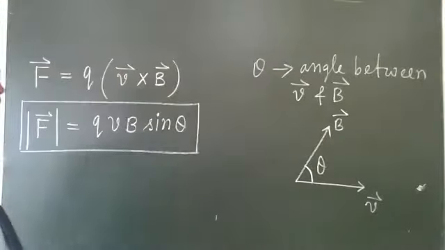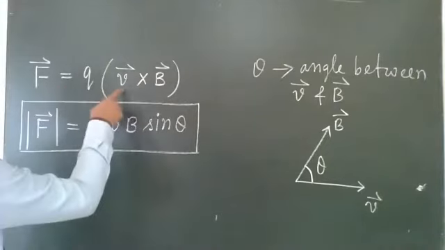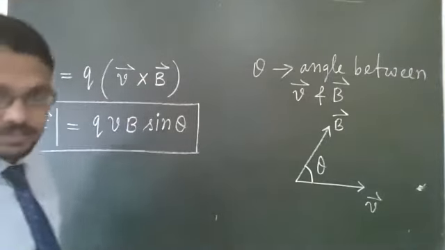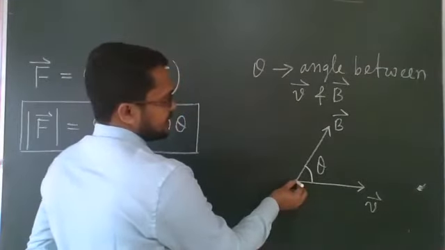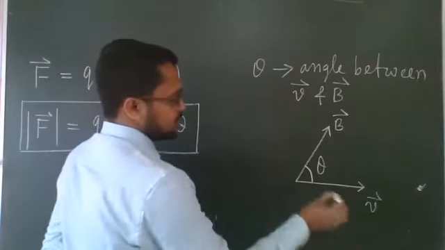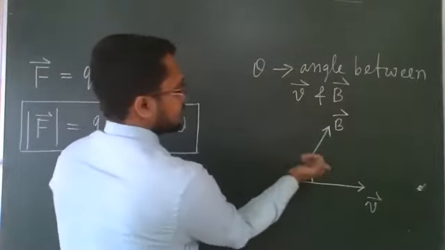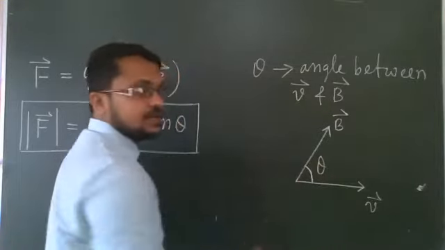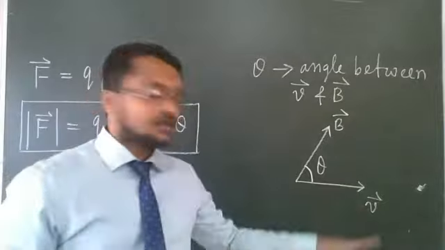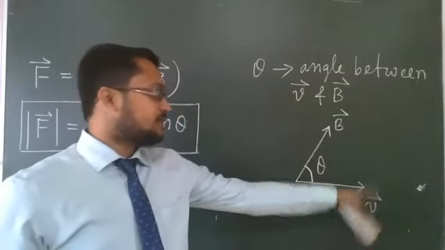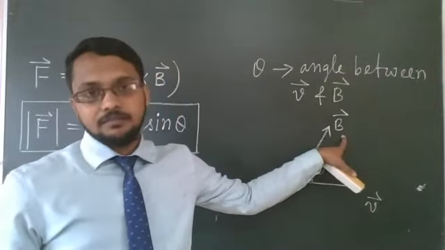Then F is q v cross B, so v cross B will be perpendicular to the plane containing v and B. This will be the direction of the magnetic force. So the magnetic force will be perpendicular to the plane containing the velocity vector and the magnetic field vector.